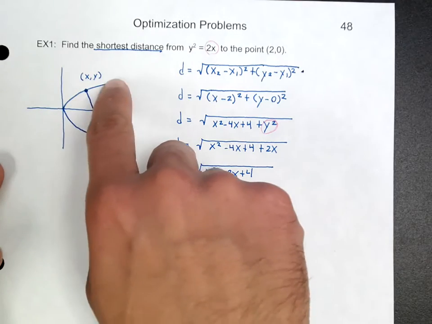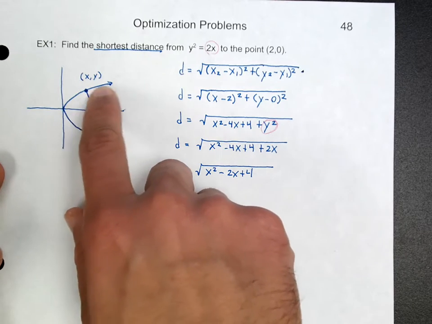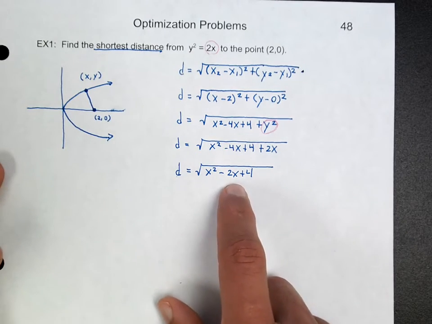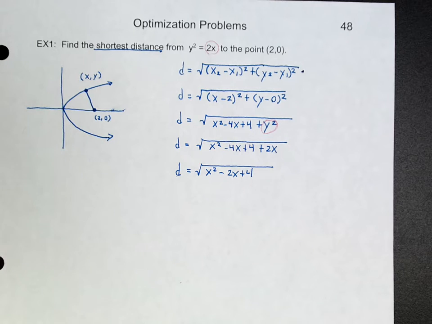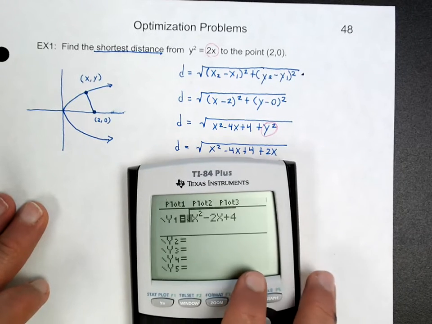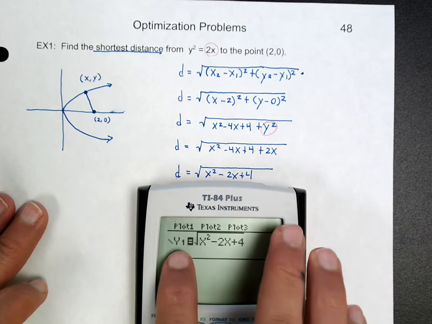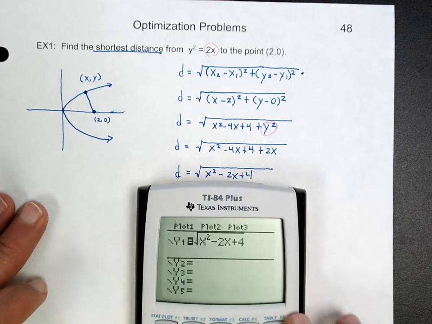Alright, so far that's going to give me the distance, but think about it. This distance right here varies, right? The distance between (2, 0) and any point on here is given by this. However, I'm trying to figure out the shortest distance. So if I go to my calculator, go to y equals, and graph this, this is the equation. Notice that the distance is equal to this, or y1 is equal to that.